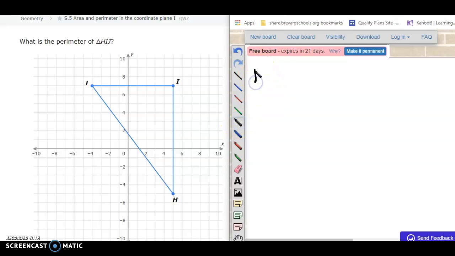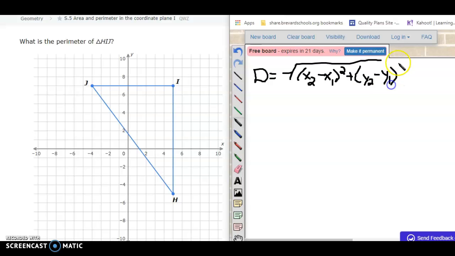The distance formula is back from, I believe, unit 1 or 2. If we don't remember it, it is the square root of x2 minus x1 squared plus y2 minus y1 squared.